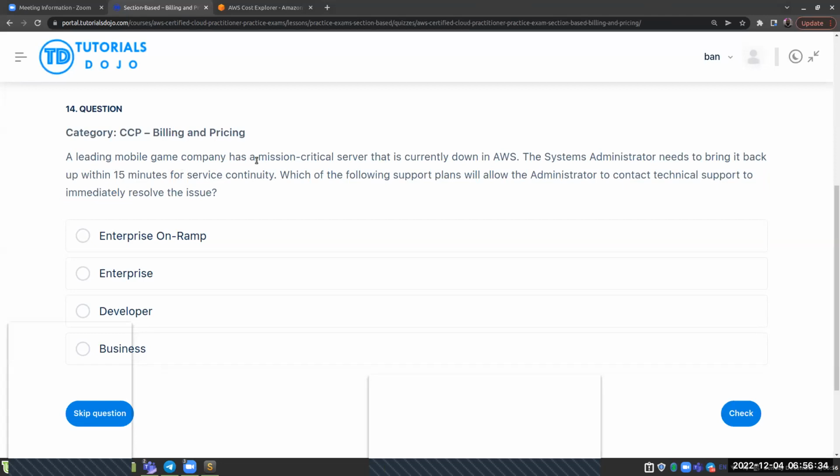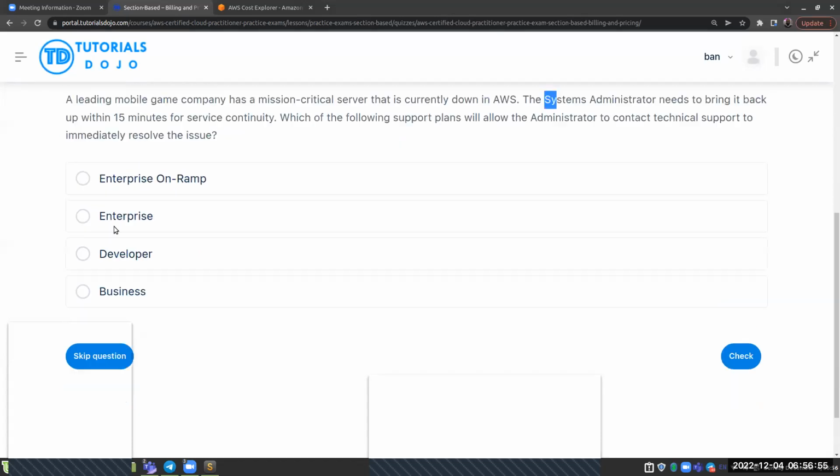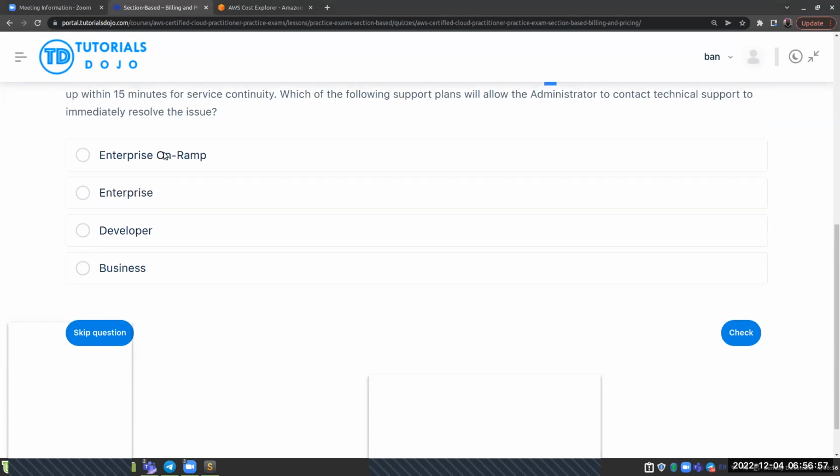The key point is which support plan gives that 15 minutes option.